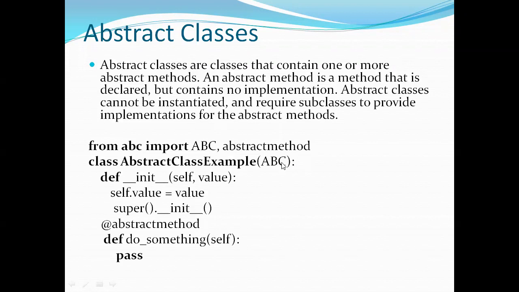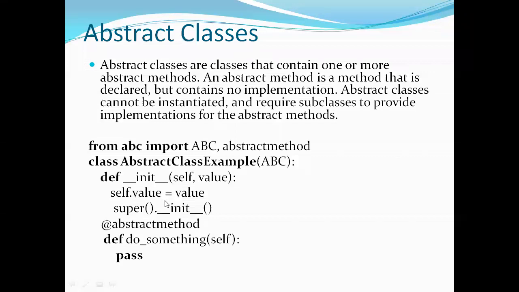ABC is in capital letters. So if you define a particular class as abstract, you must mention ABC within brackets. It means for this class, the ABC class is the parent. And after that, whatever you want, you can define.